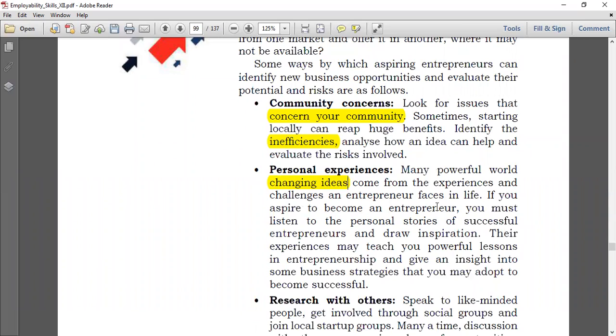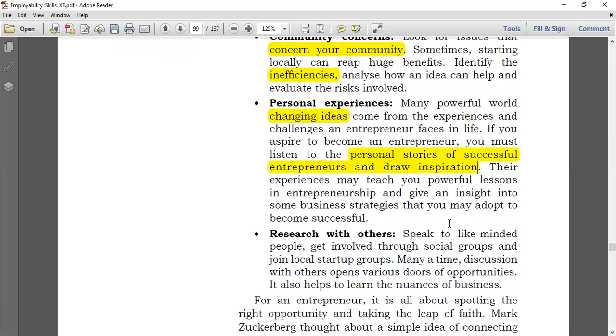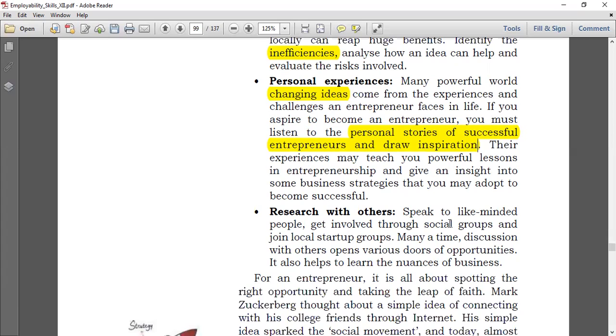If you want to become an entrepreneur, you must listen to the personal stories of successful entrepreneurs and draw the inspirations, right? You should have those things in your mind always. They teach you some powerful lessons in entrepreneurship, right? So you will get some business strategies on how to deal with such kind of business, right?